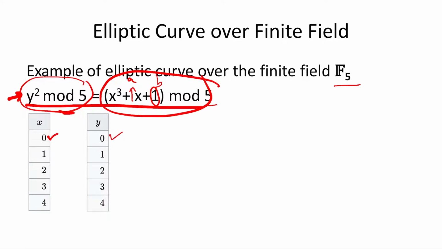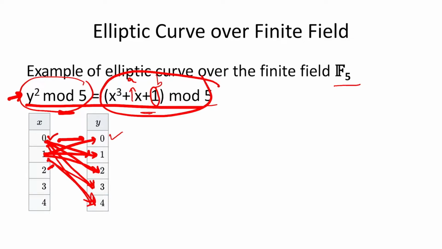The resulting value on the left side should be equal to the resulting value on the right side. So we have to try all possible combinations of these x and y coordinates. For example, we can have 0,0; 0,1; 0,2; 0,3; 0,4. Similarly, we can have 1,0; 1,1; 1,2; 1,3; 1,4, and so on.